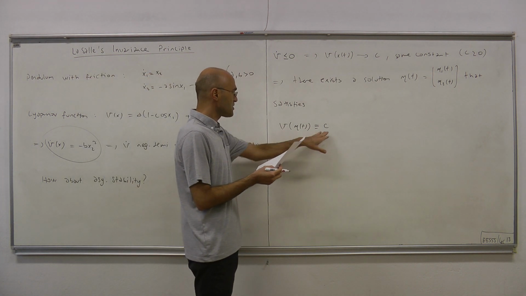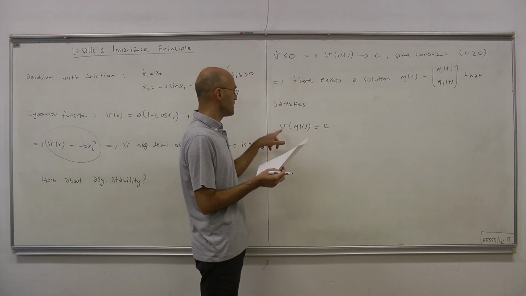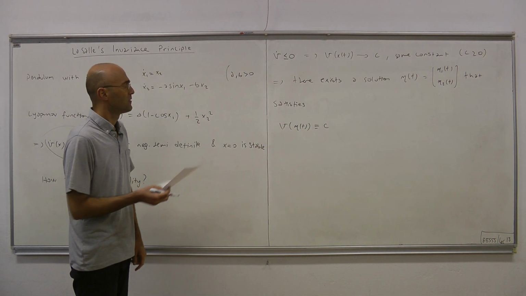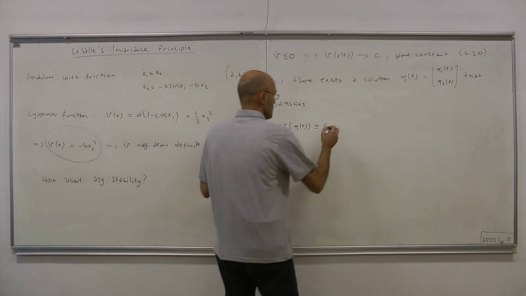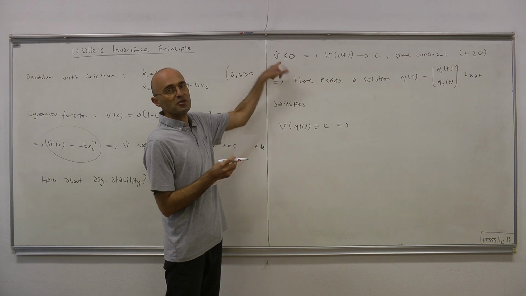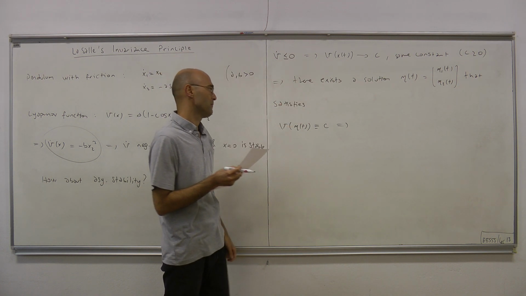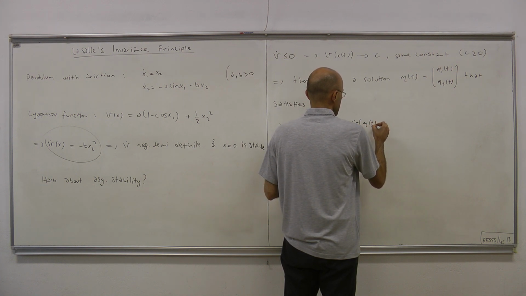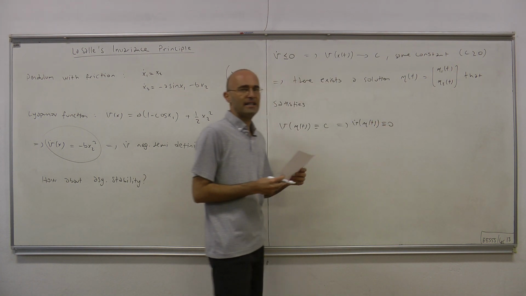Now, since v is constant, this three-bar notation means that v of eta of t equals c for all t. That's just a simple notation. Since v of t is constant, therefore v dot must be zero. Its derivative has to be zero. V dot of eta of t has to be identically zero.